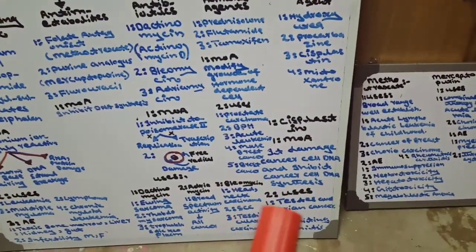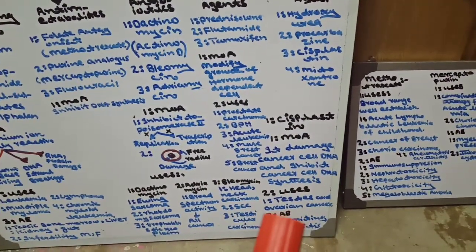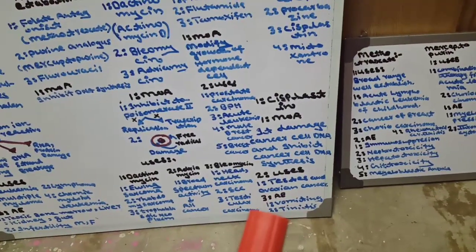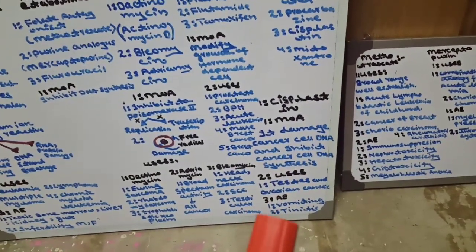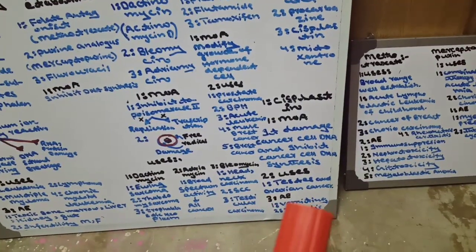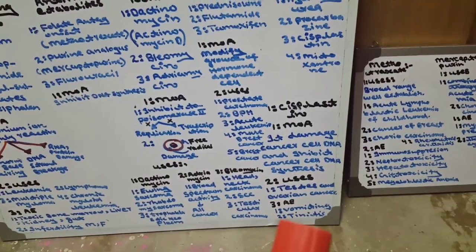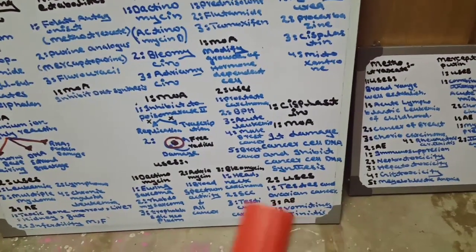Cisplatin means uses in testes and ovarian cancer. Now adverse effects. There are two main adverse effects of cisplatin. Number one is vomiting and second is tinnitus. Tinnitus means ringing in the ear.